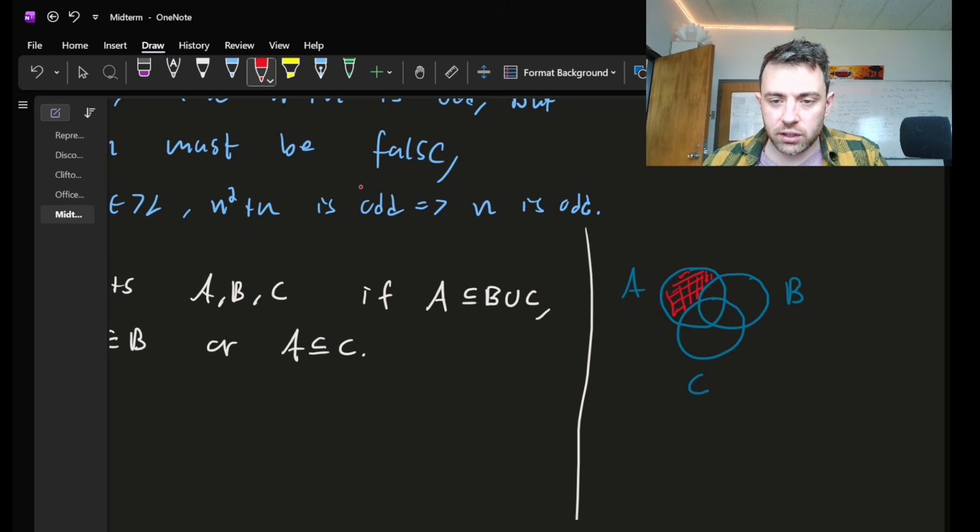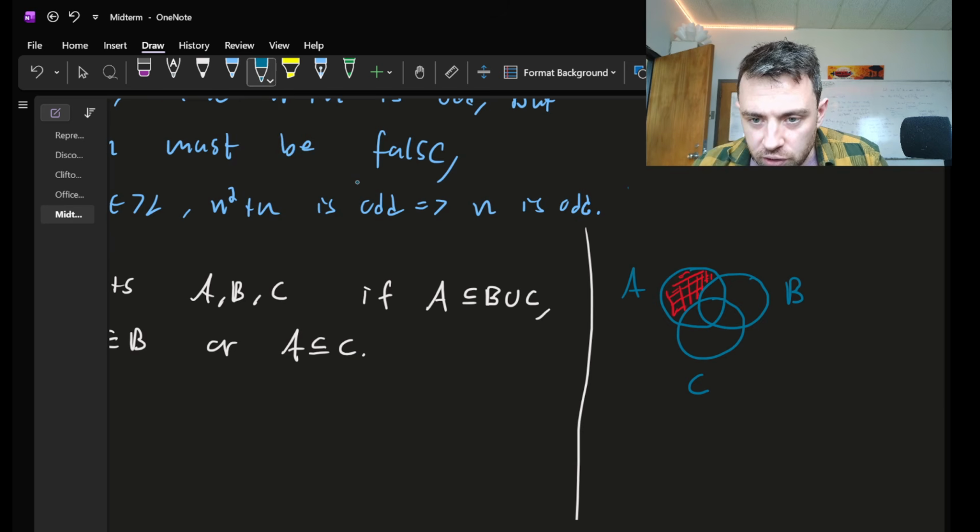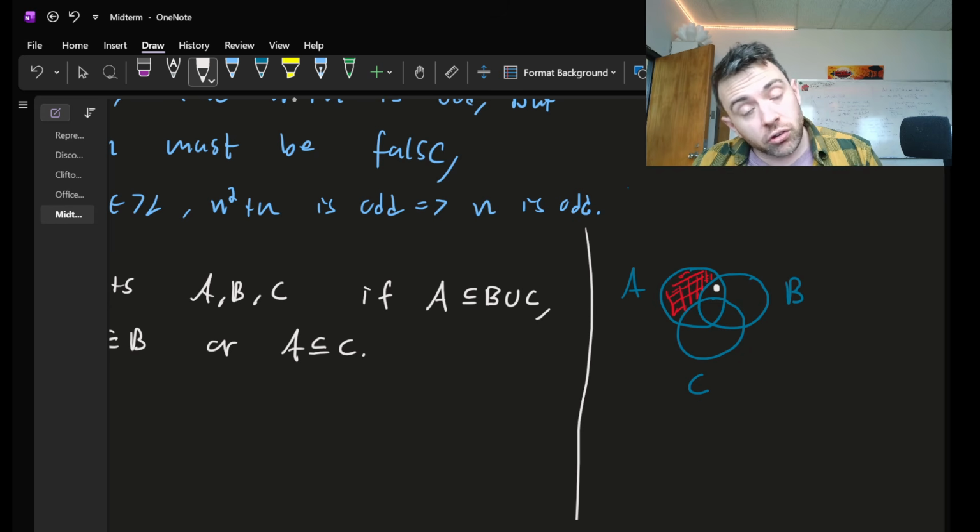Okay, so now is it true? Is it true if there's nothing in this region, does it have to be the case that either A is a subset of B or that A is a subset of C? Well, it seems that perhaps not, because if I took something here, that would be an element that would sort of prevent A from being a subset of C. But you could say, well, that doesn't prevent A from being a subset of B. However, if I took something else here, then that would, right?